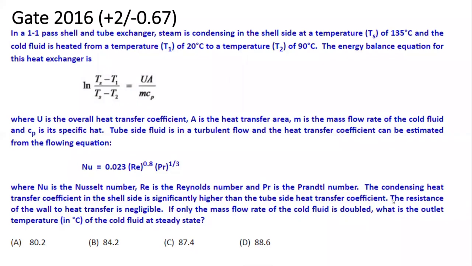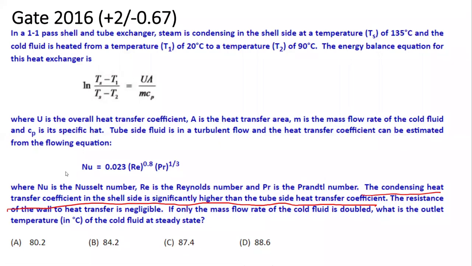Alright, the important statement of this problem lies in the last paragraph. First, the condensing heat transfer coefficient in the shell side is significantly higher than the tube side. Second, the resistance of the wall is negligible.